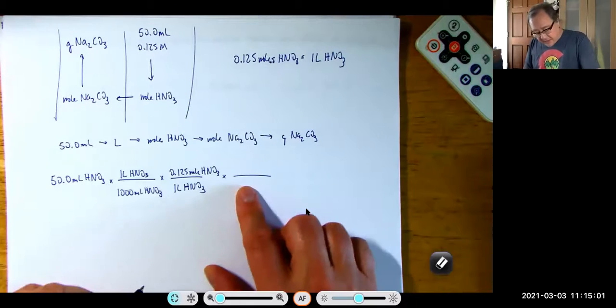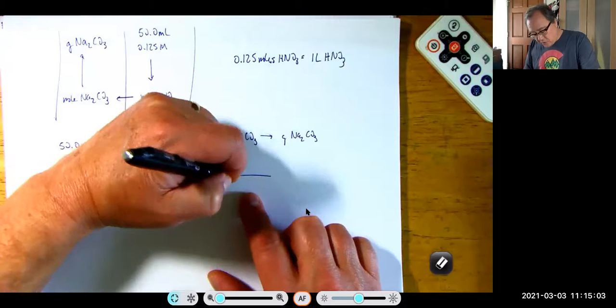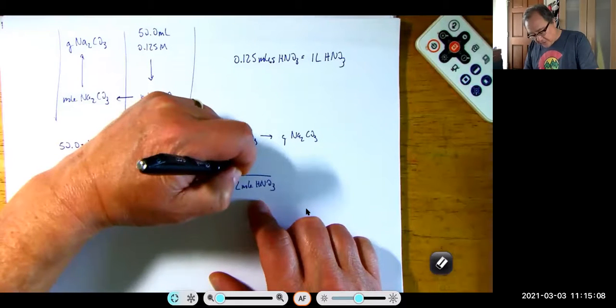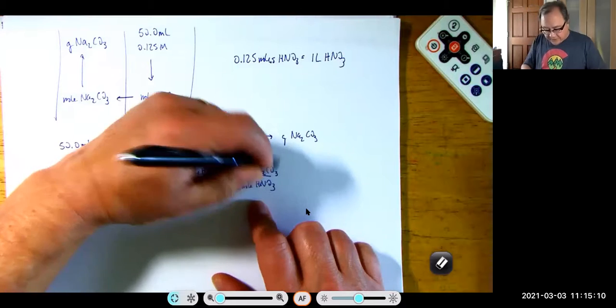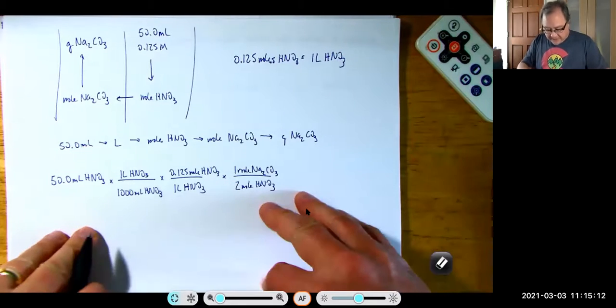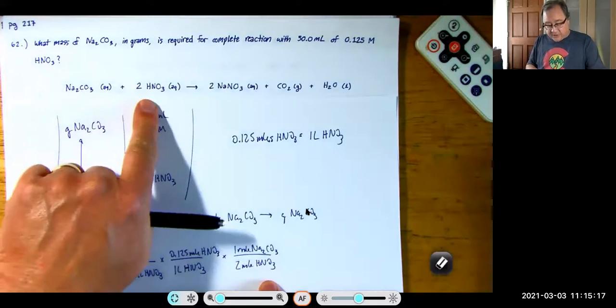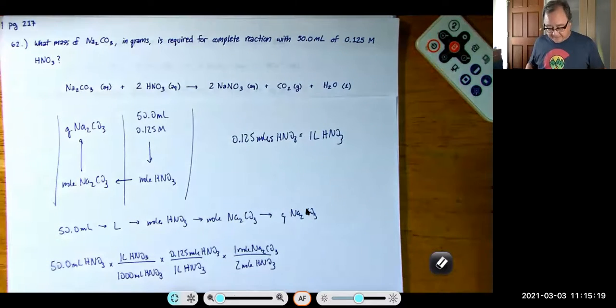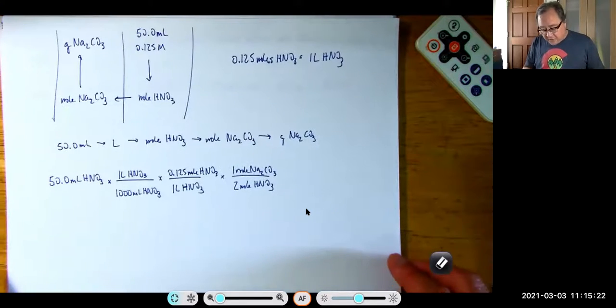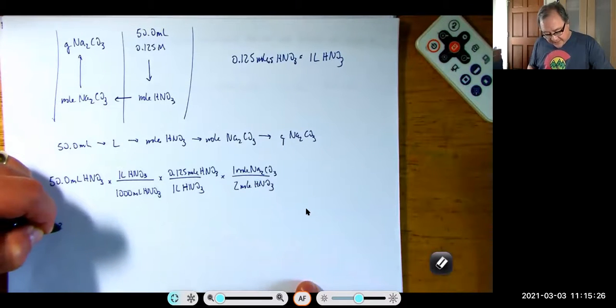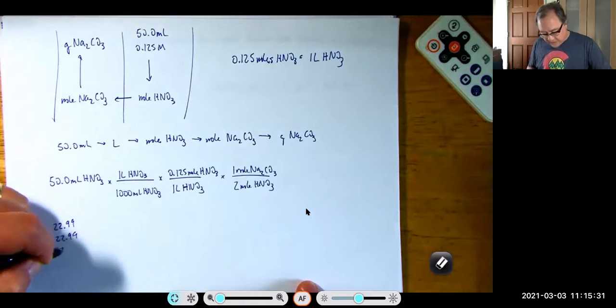And then here, I'm going to write 2 moles of HNO3 to 1 mole of sodium carbonate. And you might be wondering, where does he get those numbers from? And the answer is from this balanced reaction right here, 2 moles of HNO3 to 1 mole of sodium carbonate. And then we need the molar mass of sodium carbonate, which is 22.99 plus 22.99 plus 12.01 plus 48.00.